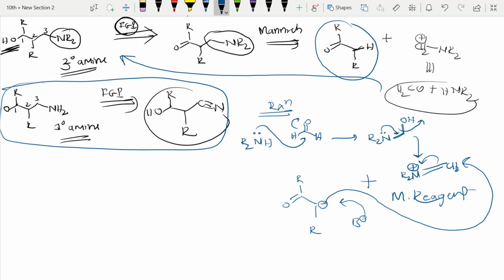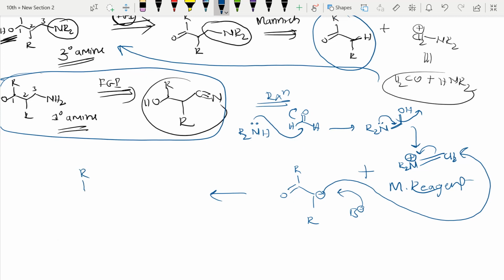You may ask, sir, nitrogen is having a positive charge, why didn't it react directly with the nitrogen? The reason is nitrogen can have only 3 bonds, right? But here it already has 4 bonds now. So it will react with carbon so that nitrogen gets its lone pair back and again has 3 bonds. So now I am writing the reaction. I hope you got it.